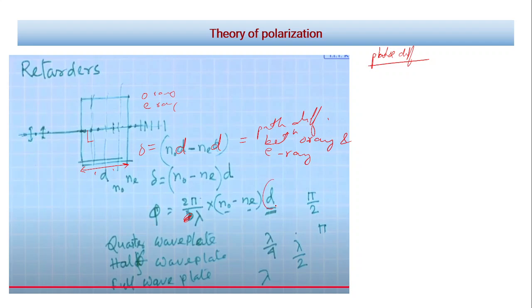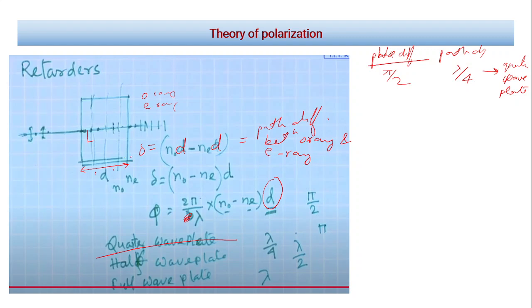If somehow I keep d such that the phase difference is π/2, that means the path difference will be λ/4, and I'll get a device called a quarter wave plate. Quarter wave plate means the path difference between these two parts of the ray will be λ/4. So this kind of device is called a quarter wave plate.